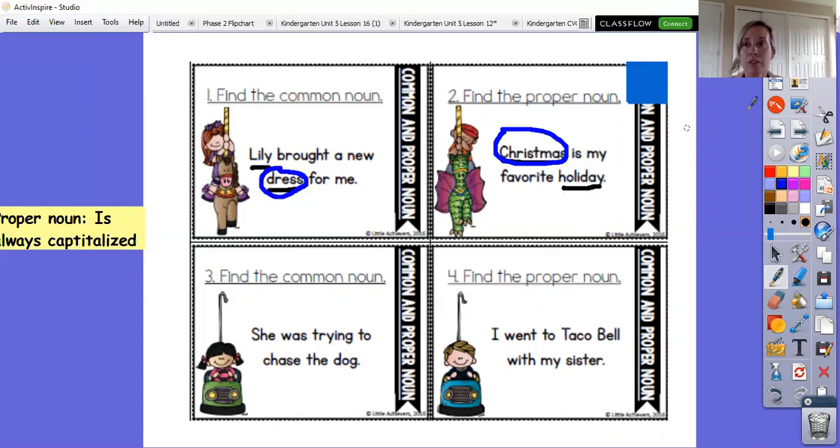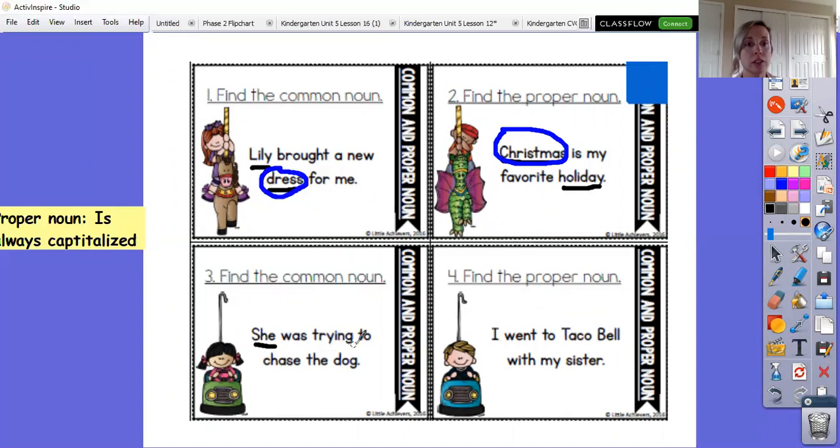Okay, let's look at number 3. It says again, find the common noun. She was trying to chase the dog. Let's think. She, it's not saying Lily, it's not saying Catherine, it's just anyone.